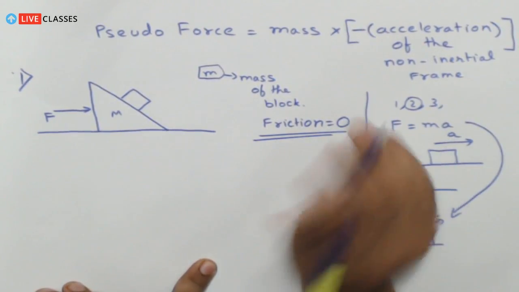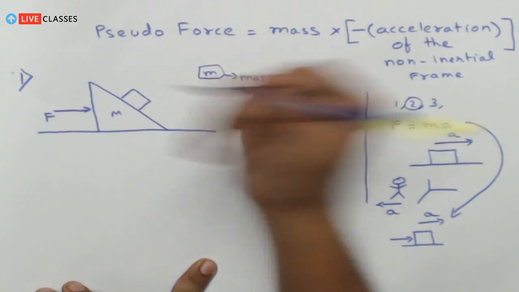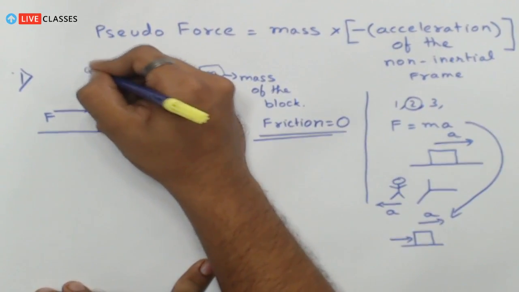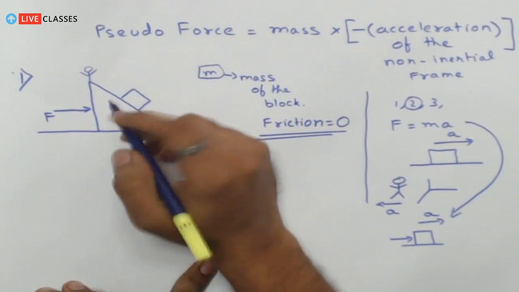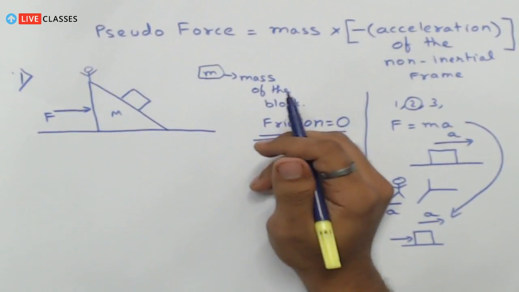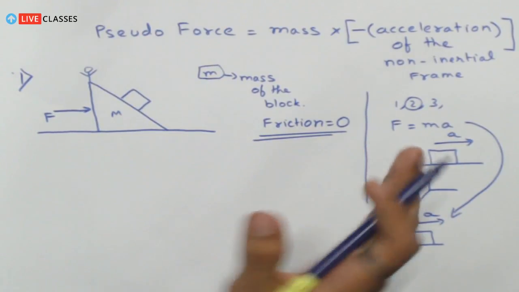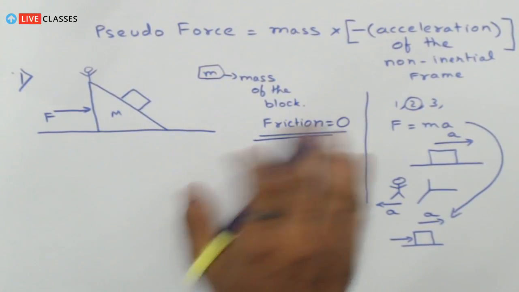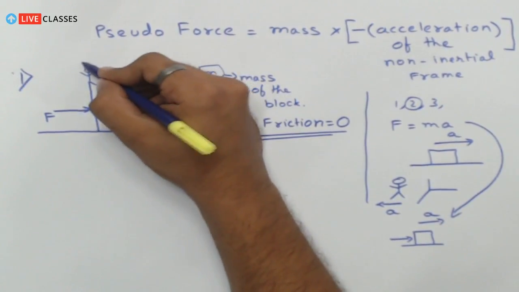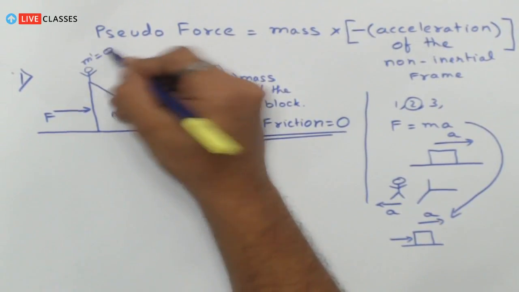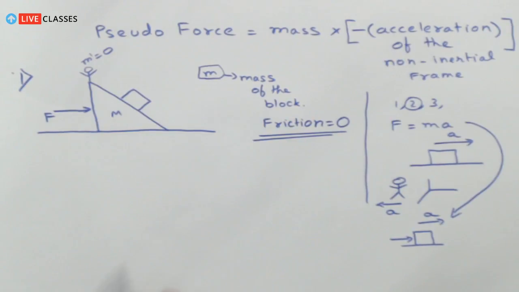Now the question is, a massless man, the mass of the man is considered to be 0, m dash equals 0. We are trying to explain pseudo force with an example, so we are assuming the mass of the man is 0. He's just a very thin man.